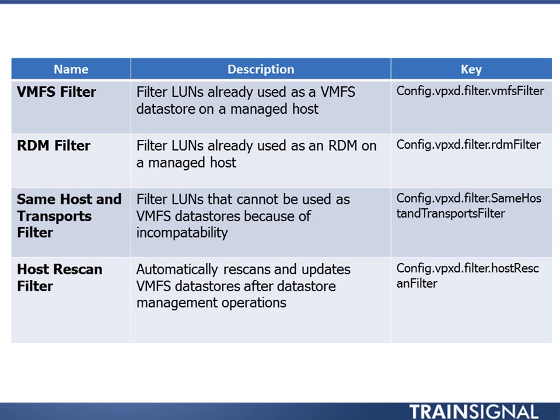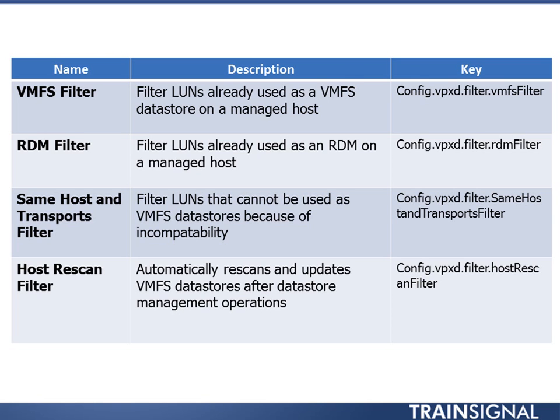The next one is called Same Host and Transports Filter, which is a funny name, but I'll explain it to you. It filters LUNs that cannot be used as VMFS data stores because of incompatibility. What does incompatibility mean? Well, the common one here is, let's say you've got a cluster of 8 vSphere hosts. 6 of them are zoned to see a LUN, the other 2 are not, and you want to add that LUN as an extent to an existing data store.